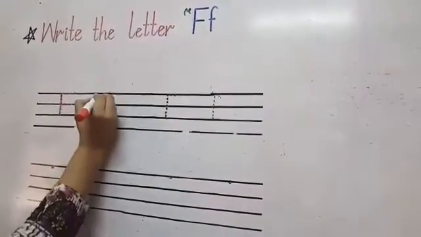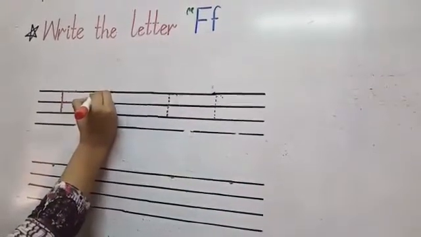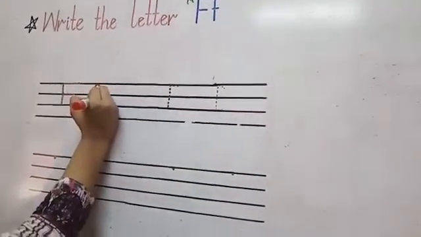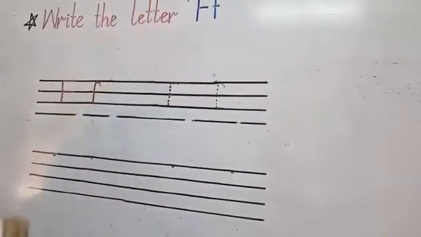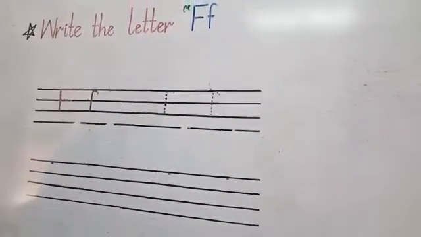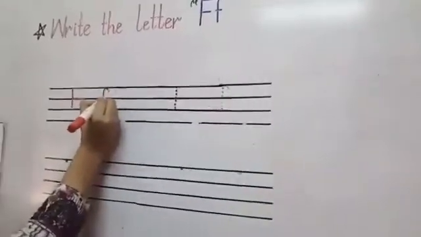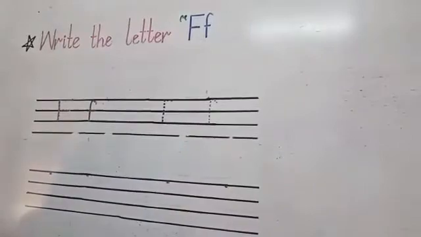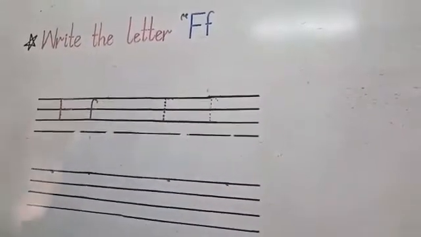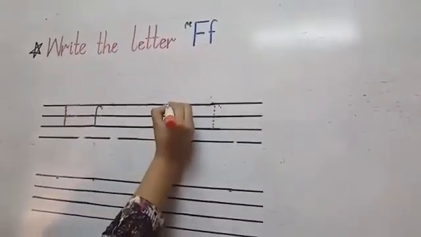Start from one point, down, go up, make it round, go down and down, touch that third line. Now make a slipping line on the second line like this. It will become the sound.